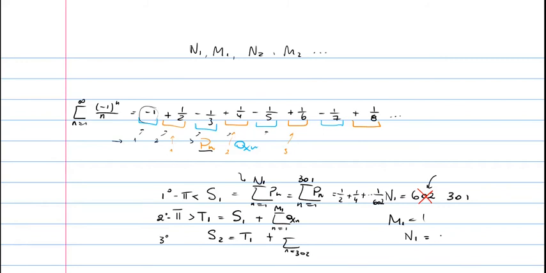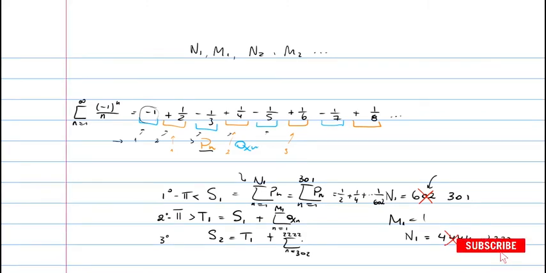And the result for n1 was 4,444. But again, in our case, it's not this number. It is going to be 2,222. And we are adding positive numbers.